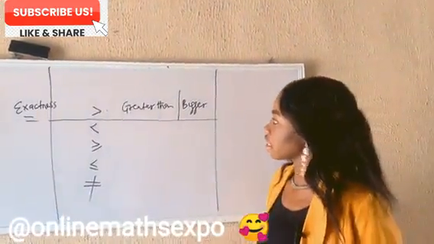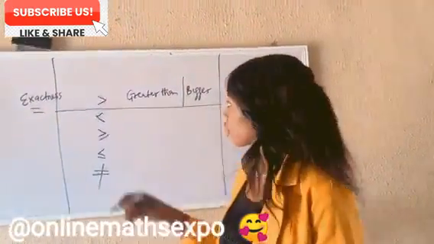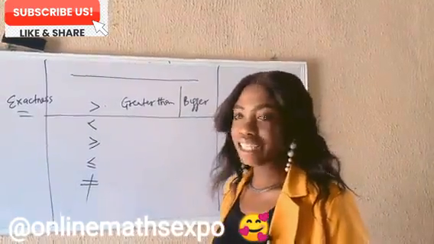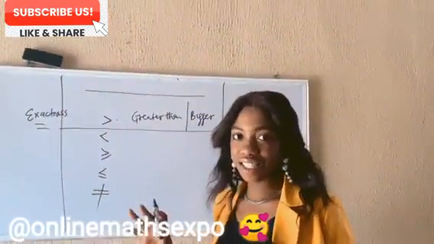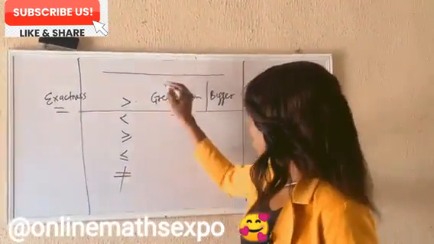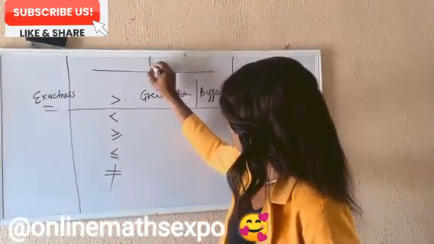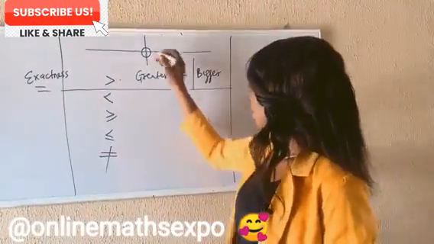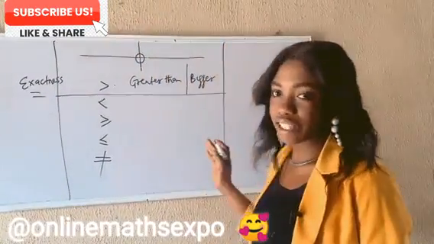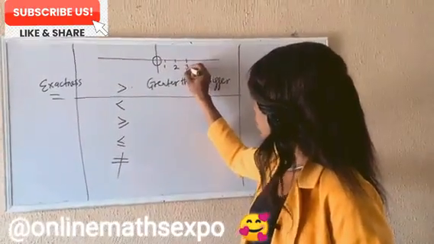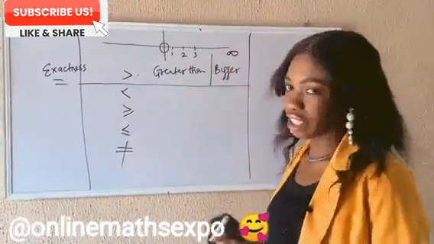But before then, let me refresh our memory on what we call number line. A number line is usually used to represent all the real numbers we have in mathematics. If this is our number line, this is taken to be the zero, the origin. The numbers on the right hand side are the positive numbers, ranging from 1, 2, 3 down to positive infinity.